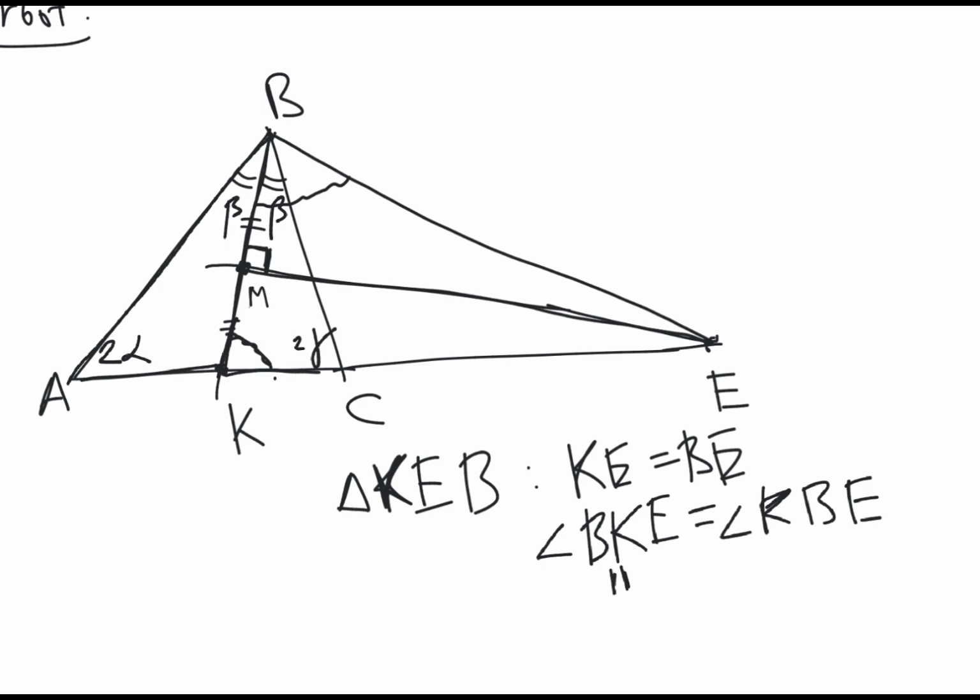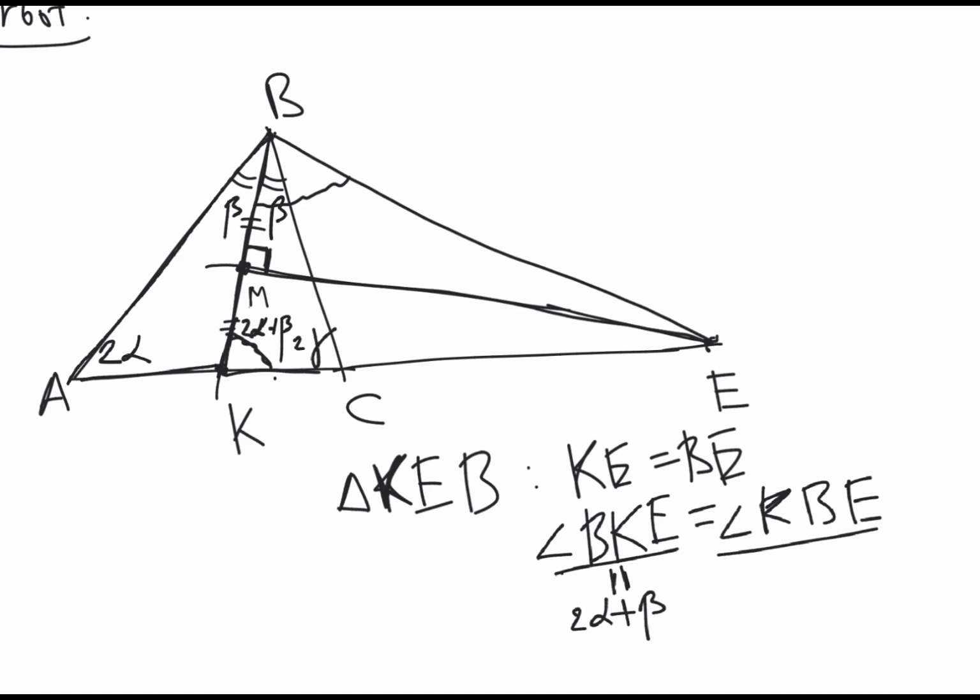Then this angle as an external angle would be equal to the sum of the other two internal angles of this triangle. So it's equal to 2 alpha plus beta, right? So this angle BKE is equal to 2 alpha plus beta.